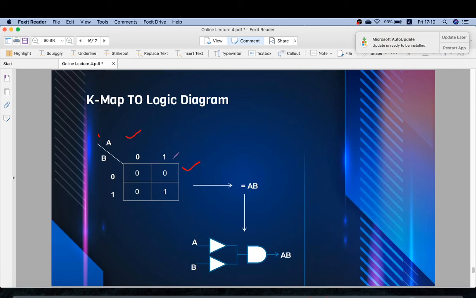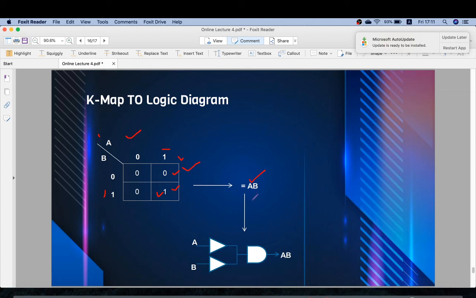So this we will also take in SOP form. In SOP form we always take the ones and ignore the 0s, but if we take POS form then we take the 0s. Here we generally take SOP form. How many ones are there? Only 1, here it is 1a and it is 1b. So AB will be the final equation for this K-map.